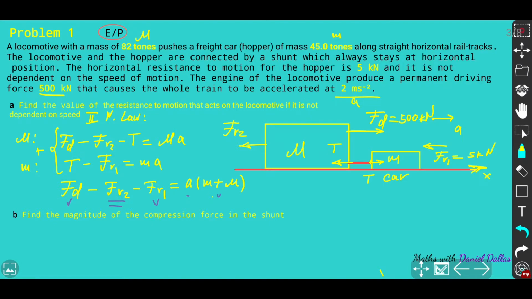So right now I'll express Fr2, and from here I just transfer to the right side, and I'll have F driving force minus Fr1, minus a times m plus M. So that's the final result for Fr2, from which I can calculate.